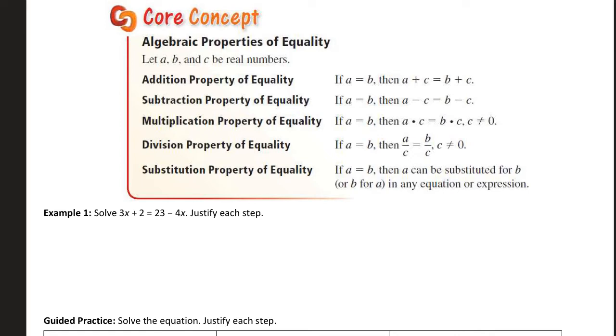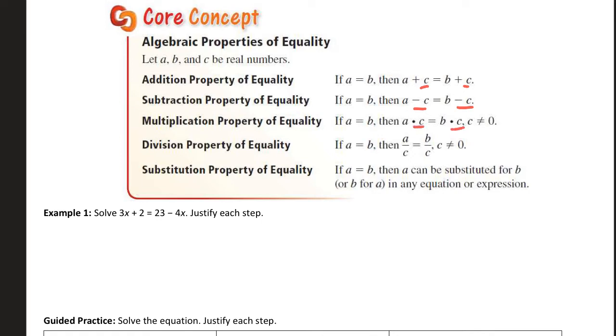So the addition property of equality says, if I add the same number, C, to both sides of an equation, it doesn't change the equality. The subtraction property says, if I subtract the same number from both sides of an equation, it doesn't change that equality. Same for multiplication.